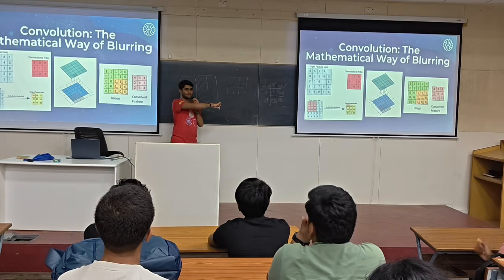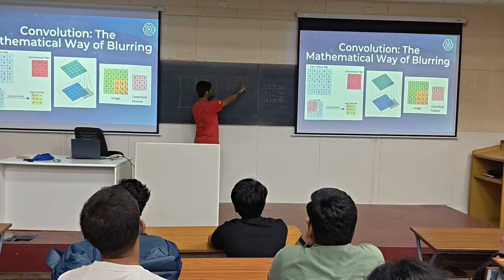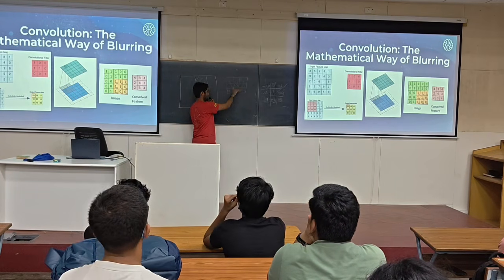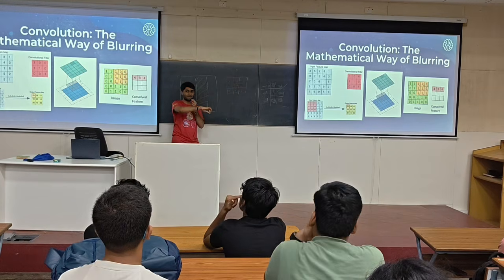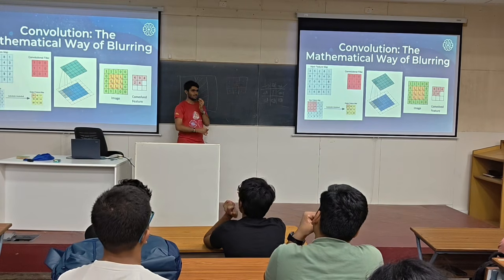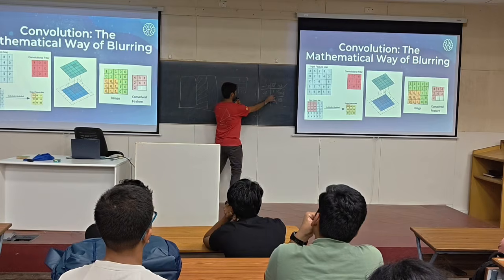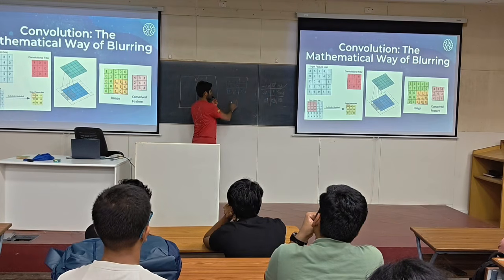So in this case, you have a kind of high intensity pixel over here, and you want to enhance its intensity. If you multiply it with this filter, what will you get at the center position?